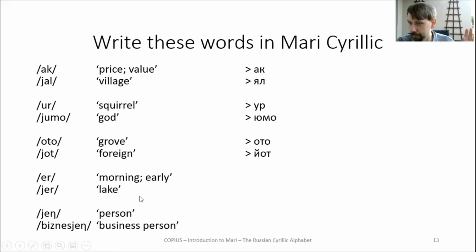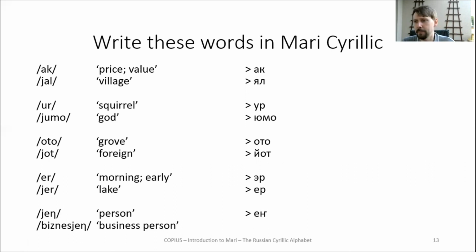Okay, this was on the previous slides, but just as a reminder, test yourself if you know how to do this. Er with the hard a, yer with the soft a. And as a last example, if we have the word yang, person, and now this is a compound neologism that we've got in Mari, business person.